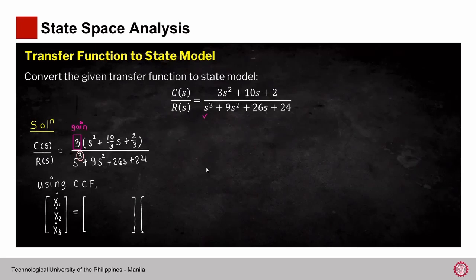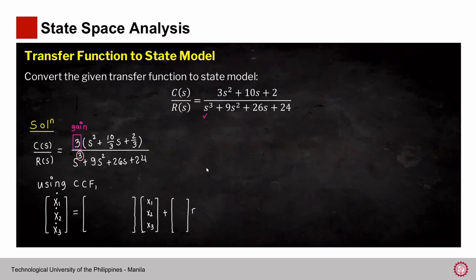All right. Yan. So this is x1, x2, x3. Okay, and then we have the input matrix, guys. And this is R, right? This is R. The input is R kasi C of S upon R of S.